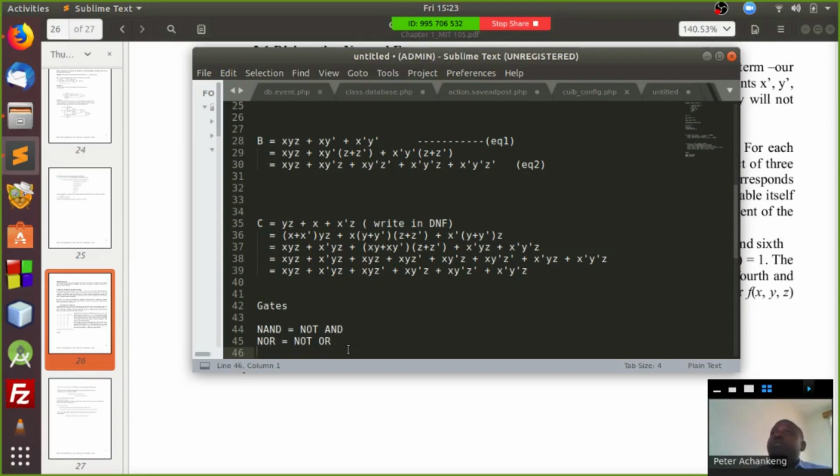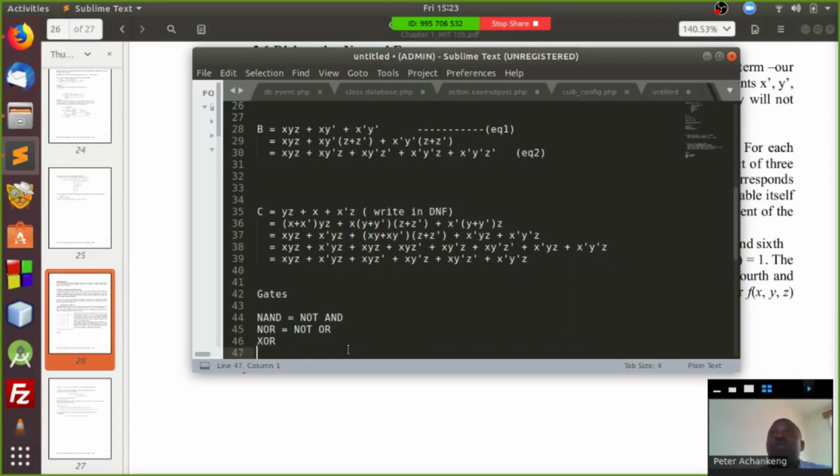You equally have the exclusive OR gate, XOR. Okay, that's the exclusive OR. It's not equivalent to any other thing. It's exclusive OR. Another gate that comes to mind, you can even have the NOT XOR. It's possible. So this is the NOT XOR gate.